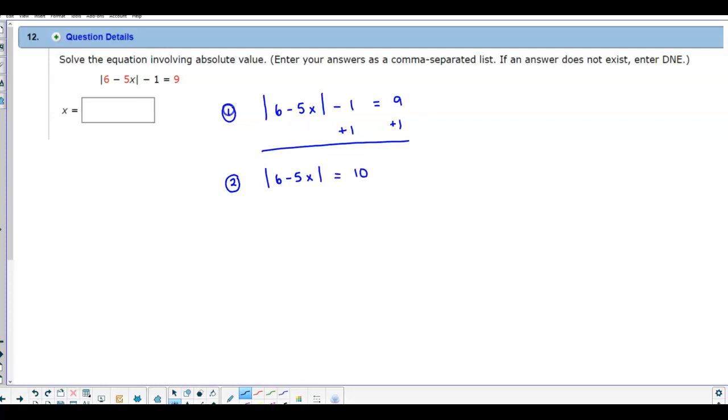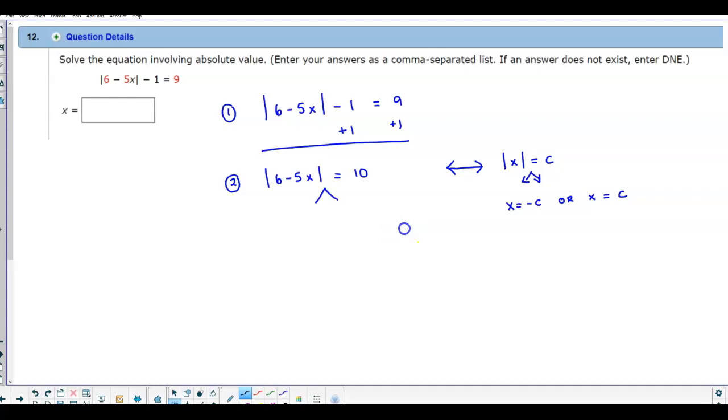Now recall that the rule states that whenever you have the absolute value of an expression and it's equal to a constant, that means you get two equations. You have x, which is equal to negative c, or x is equal to positive c. So it's really important to make sure that you remember those definitions.